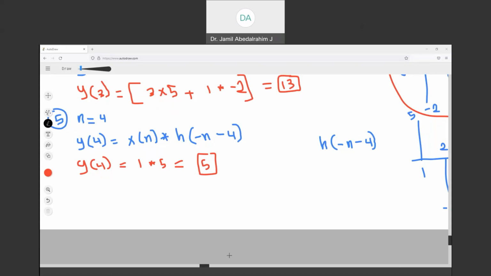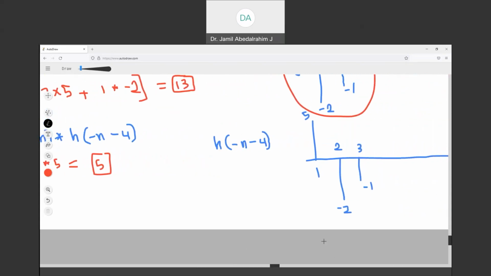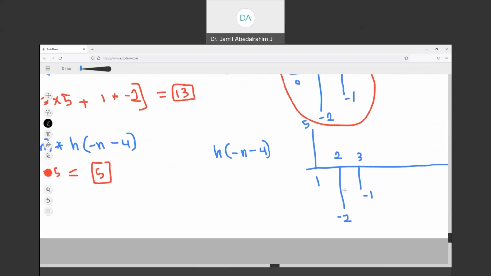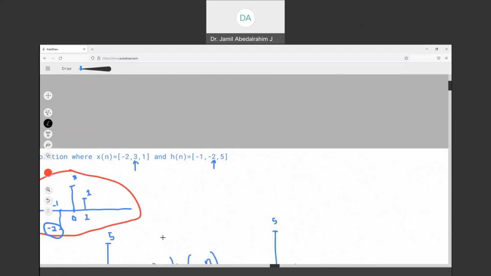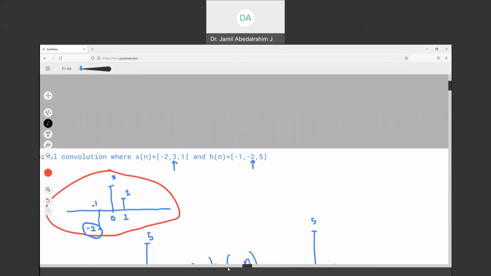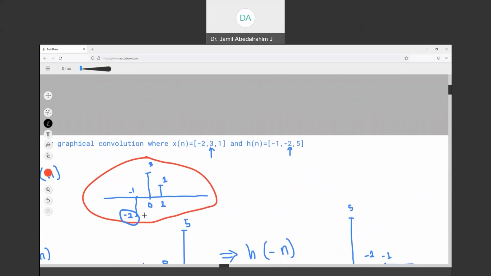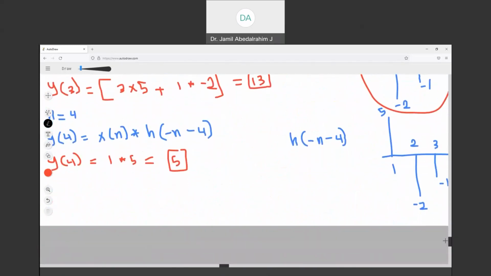Like in this case, the shared signal is only at 1. Here at 2 and 3, there is no 2 and 3 in x of n figures. We have only 1. So when the similar location or shared signal becomes 1, in this case we will stop.